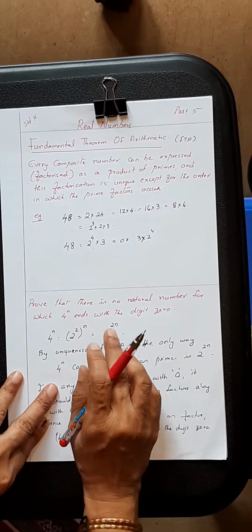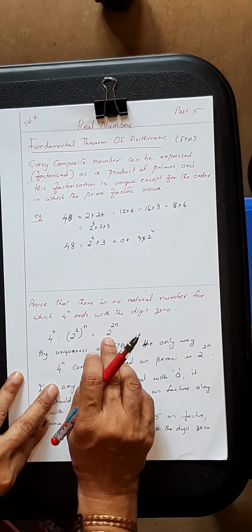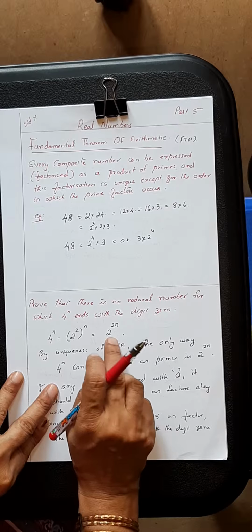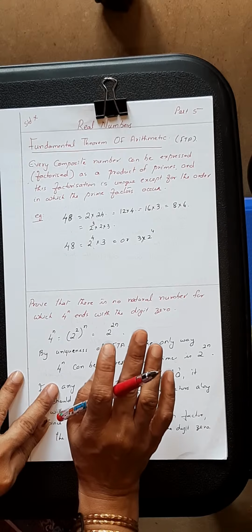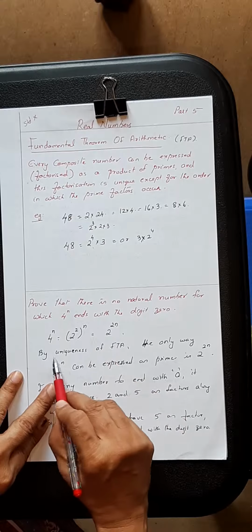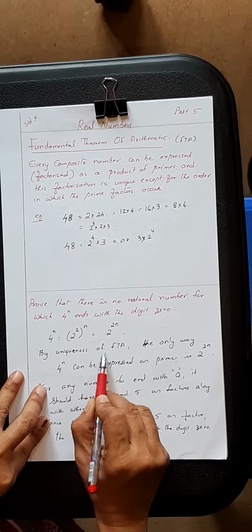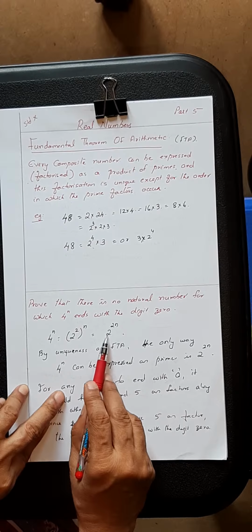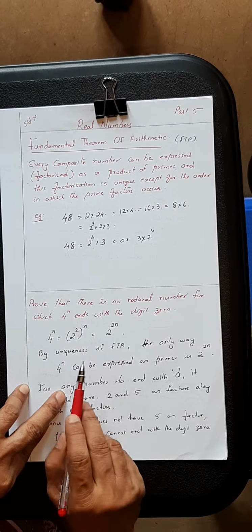Now this is the only way. Now we have factorized this into primes, so there is no other way of writing this. You have only 2 as a prime factor. So by the uniqueness of FTA, the only way 4 to the power of n can be expressed is 2 to the power of 2n.